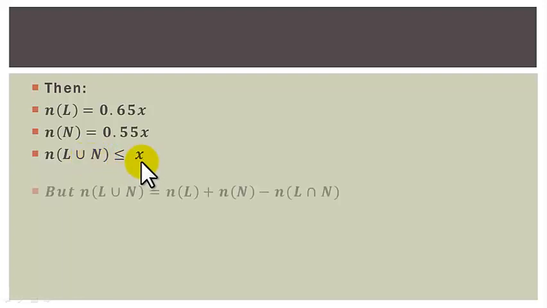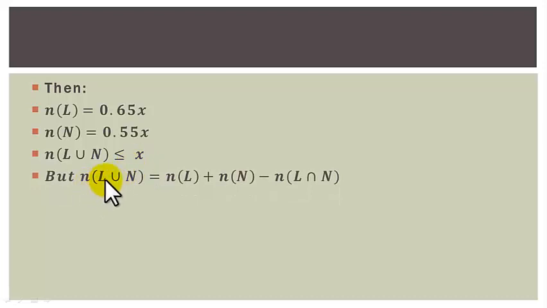But n(L union N) is equal to n(L) plus n(N) minus n(L intersection N).